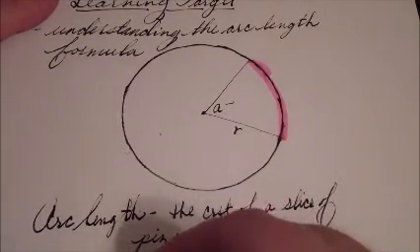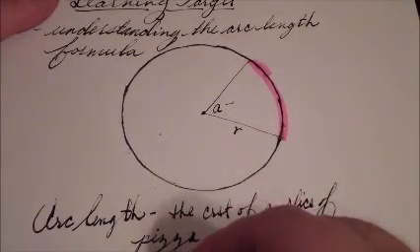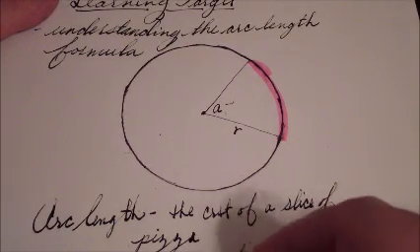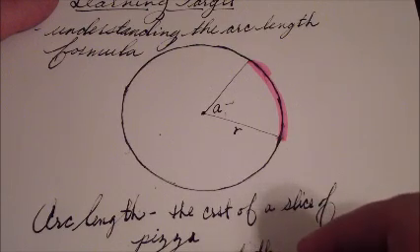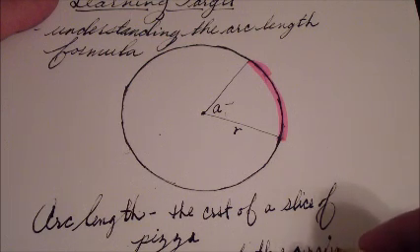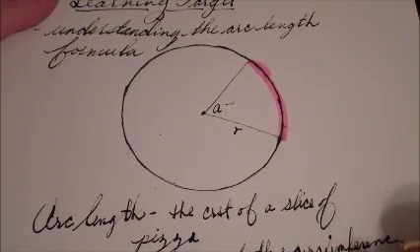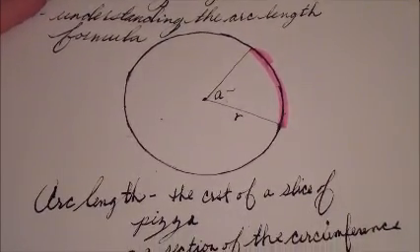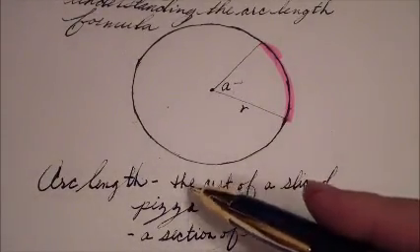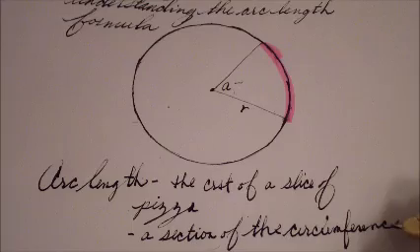But in all honesty, it's actually a section of the circumference. Oh, lost it all there. Sorry about that. Okay, so we can think of this as the crust of a slice of pizza, but it's really a section of the circumference.